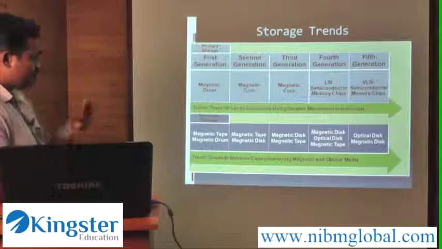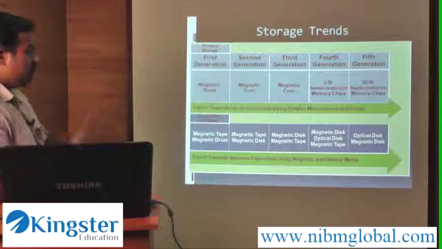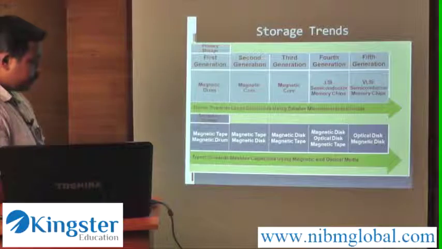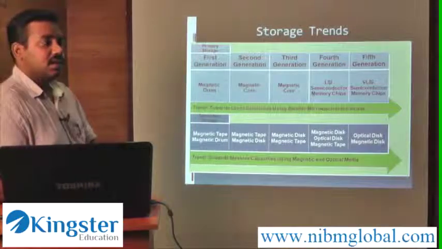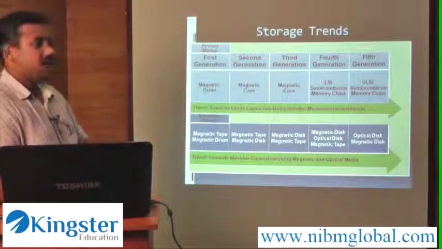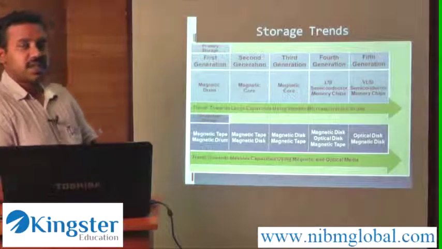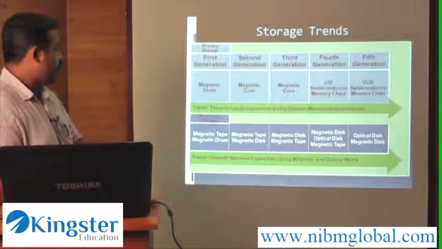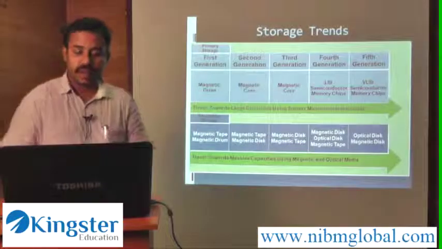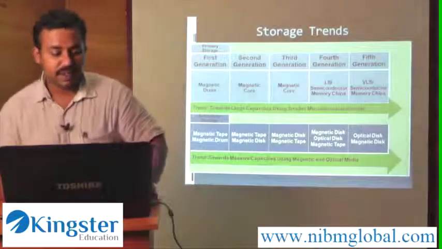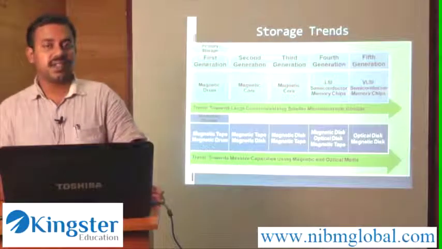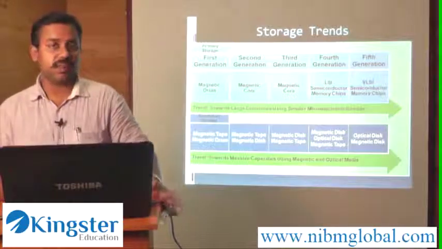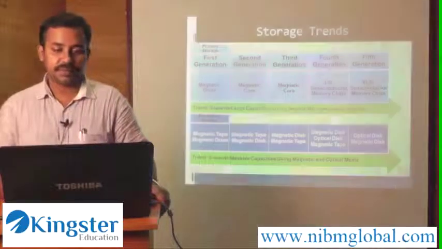Today the latest, and it further continues, and examples include your CDs, your floppy disk, your DVDs, your hard disk. Later today we have solid state data storing devices. These are all the advancements that have happened, and the trend is massive capacities are developed using magnetic and optical media.